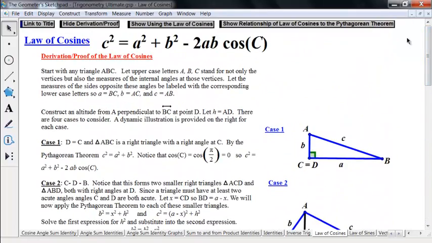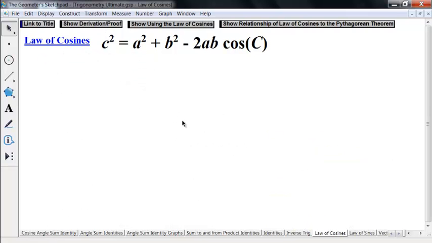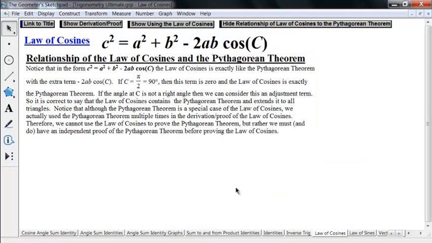Notice that we use the Pythagorean theorem in every case of this proof. So notice that if we let c be pi over 2, which is 90 degrees, the last term is 0, and we have the Pythagorean theorem. And so this contains the Pythagorean theorem within the law of cosines.